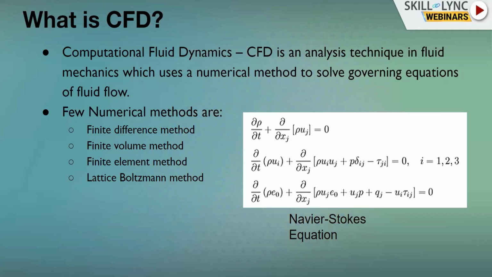It's not derived from the Navier-Stokes, it's derived from the kinetic theory, but it can be related to the Navier-Stokes equation as well. So this is CFD at a very, very top level.